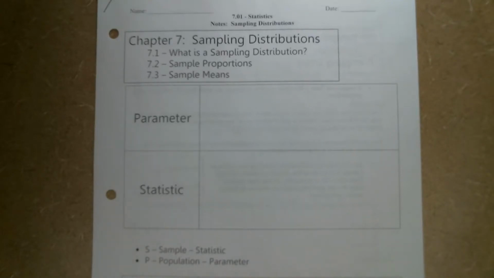All right, so this sort of marks a transition in the course. Most of what we've been doing up to this point could be lumped in the category of descriptive statistics, where we have data and we're calculating values that describe or answer questions about that data that we've collected.